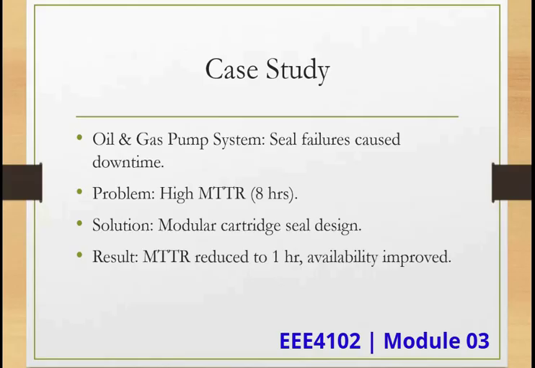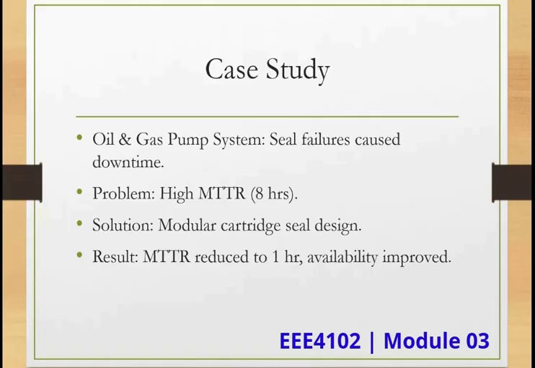The problem was the pump frequently experienced seal failures, leading to significant downtime. So the MTTR, the mean time to repair, was very high at 8 hours, primarily because the seal was very difficult to access and repair. Because we talked about accessibility, and you know what happens when MTTR is high, as we've discussed.